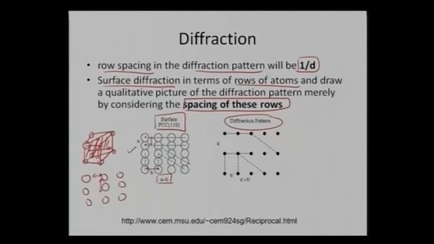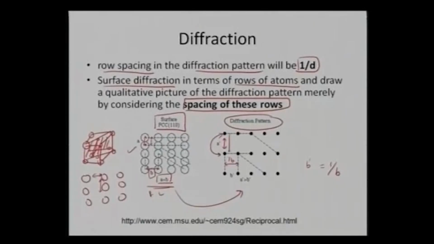But once I bring it to the reciprocal spacing, if I keep my B and represent it in terms of B star, it becomes 1 by B. And now I can see that in the real lattice, I had A closer to one another, but in diffraction, this A has gone much farther apart.